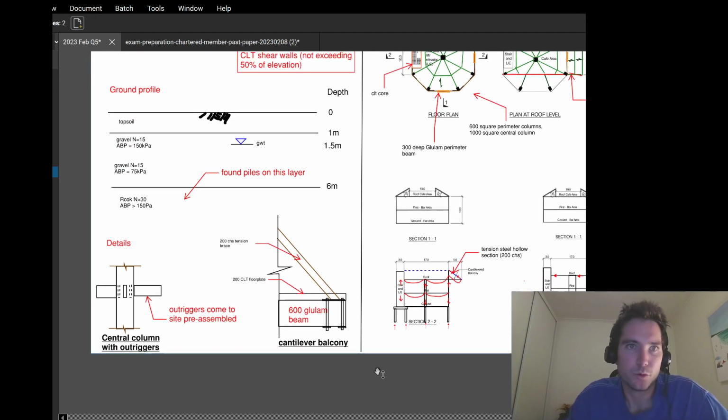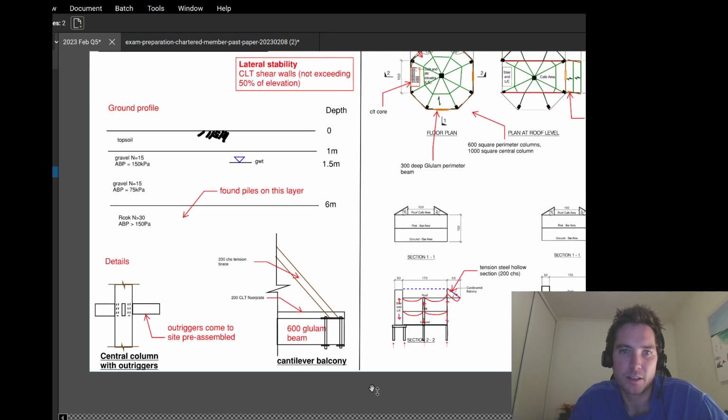So yeah, they're my two schemes that I had for question 5, 2023, section 1.